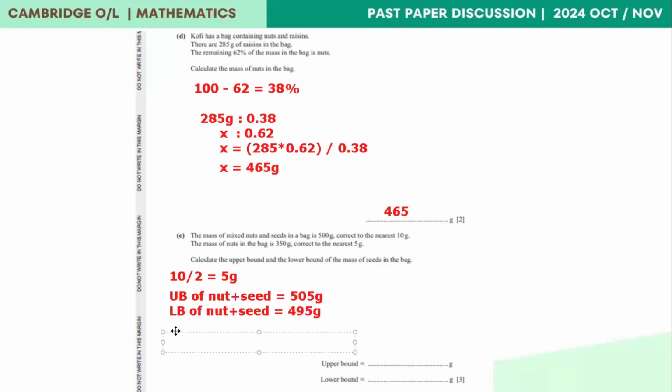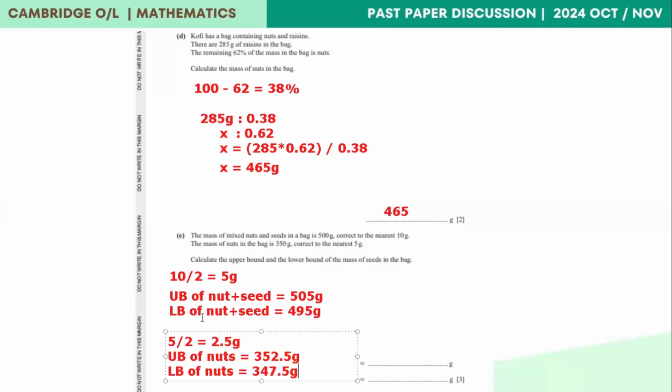Similarly, for the mass of nuts, 5 divided by 2 is going to be 2.5, that's the error. So upper bound of nuts is equal to 352.5 grams, and lower bound of nuts will be equal to 347.5 grams. So this is how we find upper bound and lower bound.